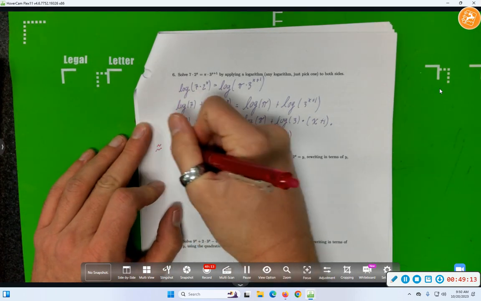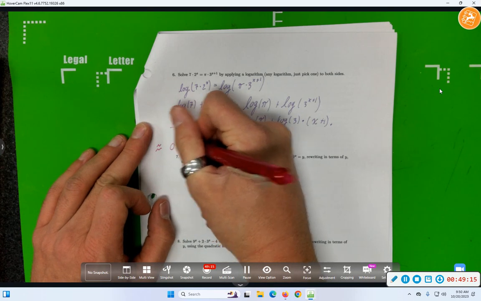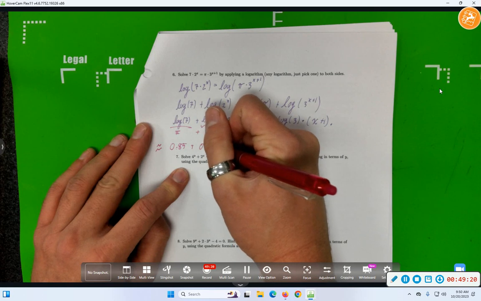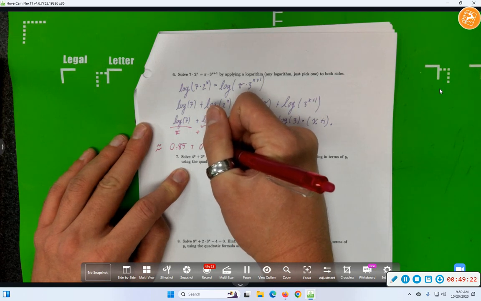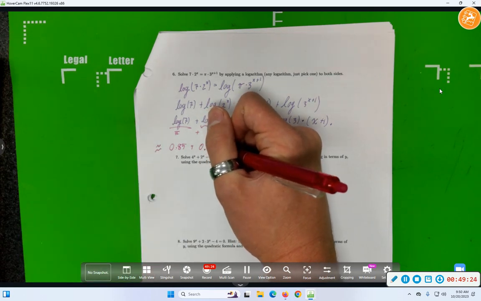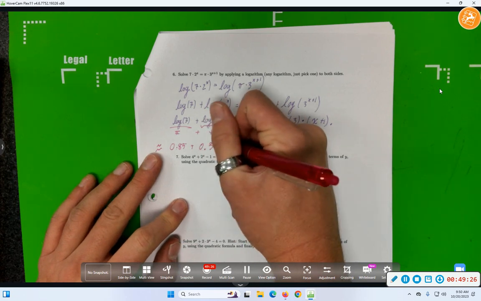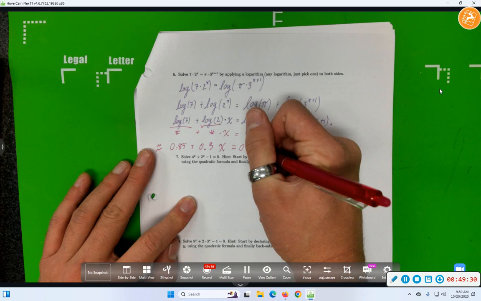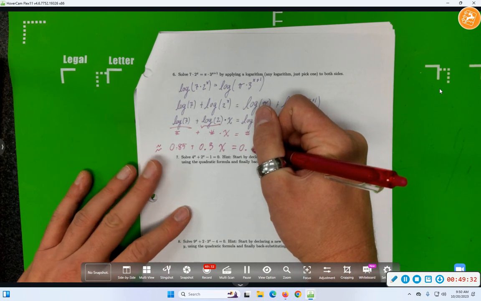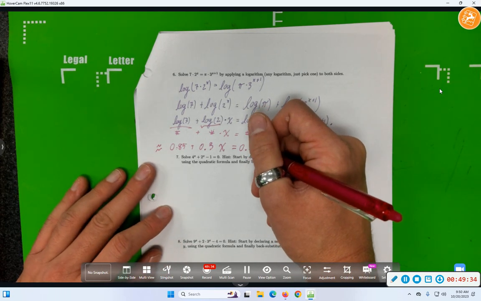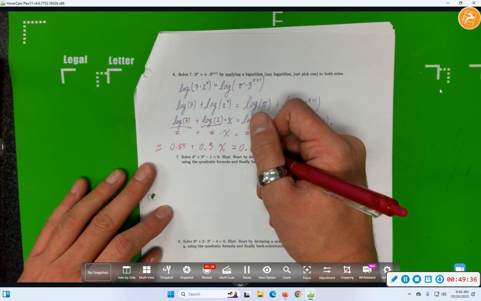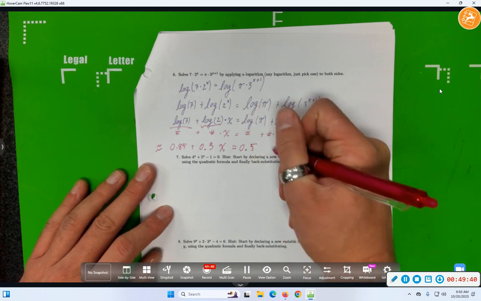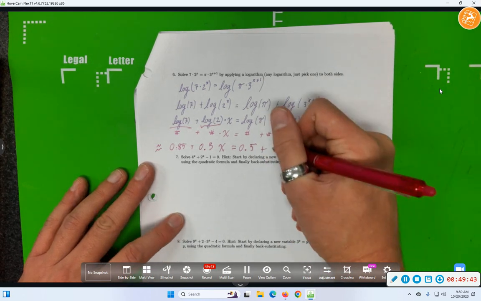So this is all going to be approximate, 0.85, plus the log of 2 is about log of pi, .5 plus log of 3.